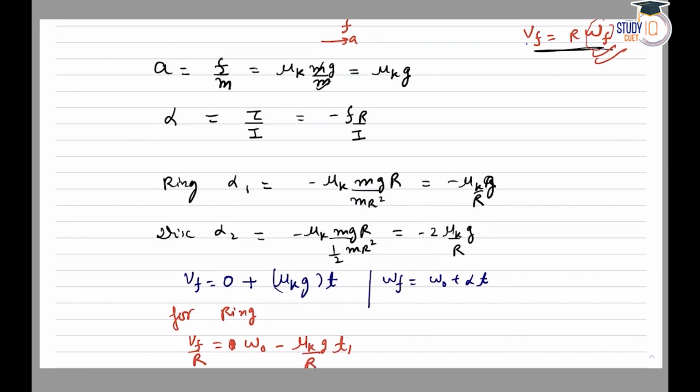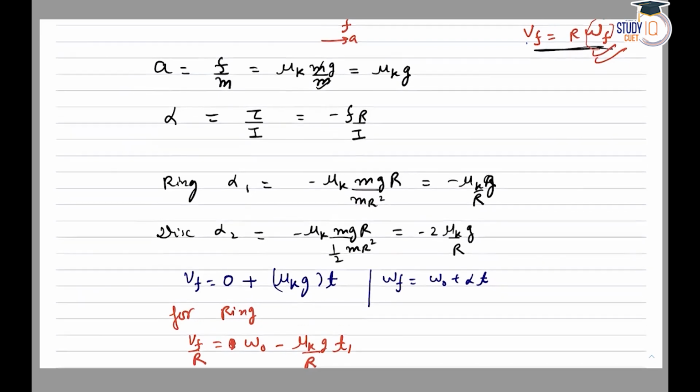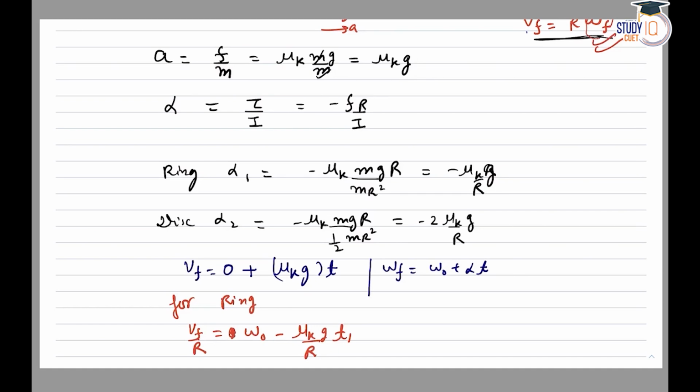So from this the value of time comes out to be r omega naught upon 2 mu k into g.